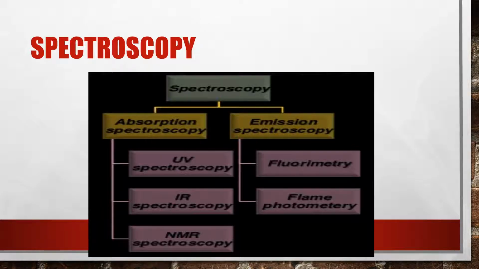Spectroscopy is a branch of science concerned with the investigation and measurement of spectra produced when matter interacts with or emits electromagnetic radiation. Absorption refers to how much light or other waves can be taken in by the material being measured. Emission, on the other hand, refers to how much light or other waves can be released by the material being measured.